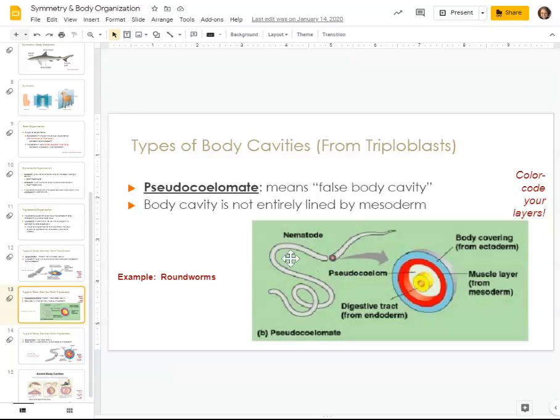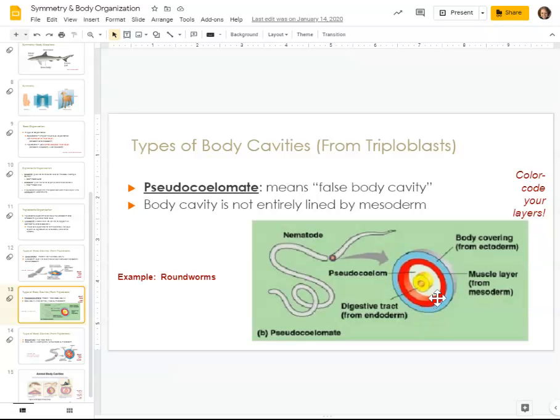And this is a roundworm here. If you sliced them in half, you could see where their different tissues originated from. So blue in this picture is going to be ectoderm, so label that ectoderm. They still have in the middle of their body that digestive tract from endoderm, right, with the tube in the middle for their food.